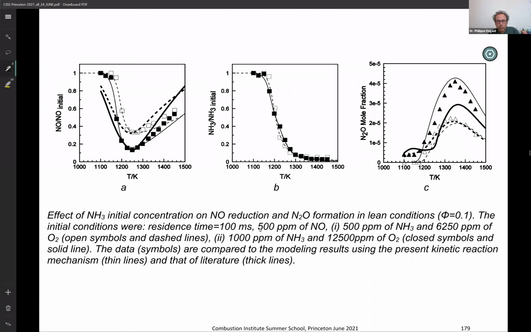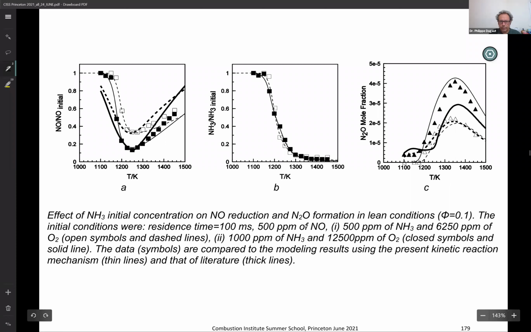These are other examples of the reduction of NO by ammonia, where we also see the formation of N2O. Here we operate with different initial concentrations of NO and ammonia.